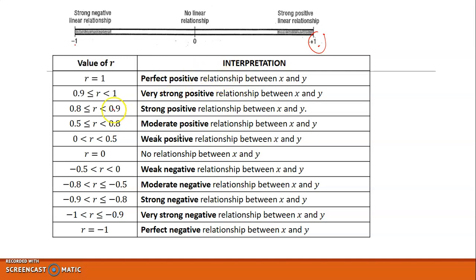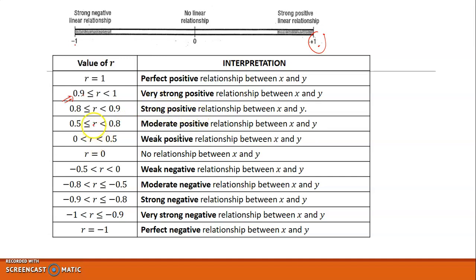If your R value is from 0.9 until 1, it is still a positive relationship, but not perfect positive because it is not 1. It is a very strong positive relationship. If your R value is from 0.8 until 0.9, it means a strong positive relationship.